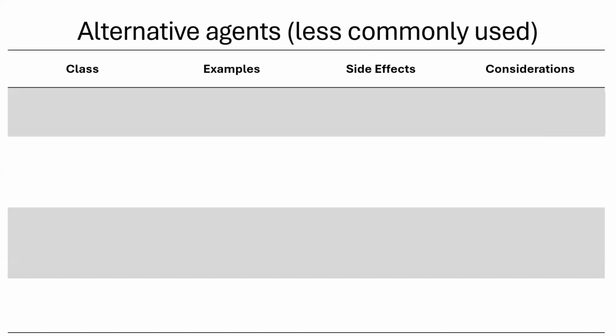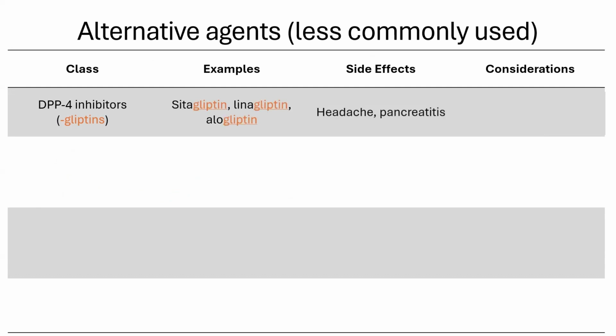Now, you may be tested on alternative agents that are less commonly used in the office setting these days. One set of medications would be the DPP-4 inhibitors. These include sitagliptin, linagliptin, and alogliptin. They can cause rare side effects of headache and pancreatitis, and these are rarely used, mainly seen with patients who were started on this many decades ago.